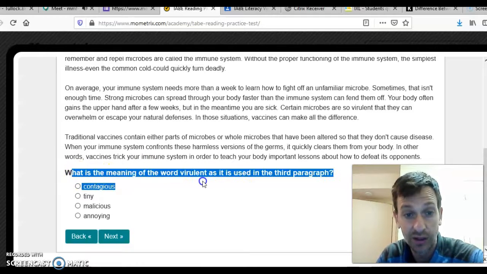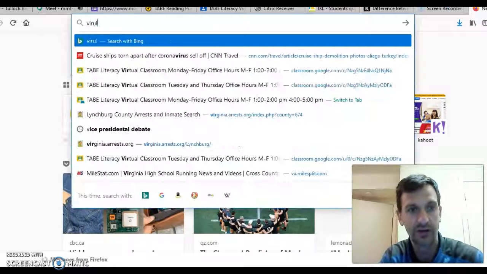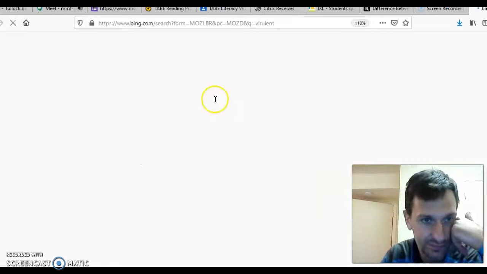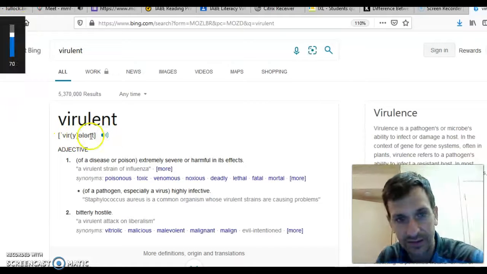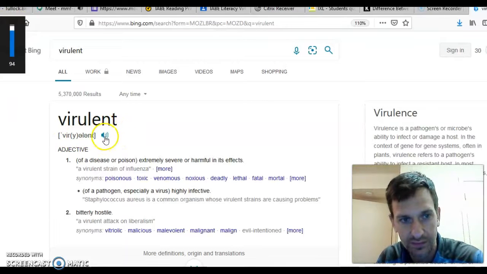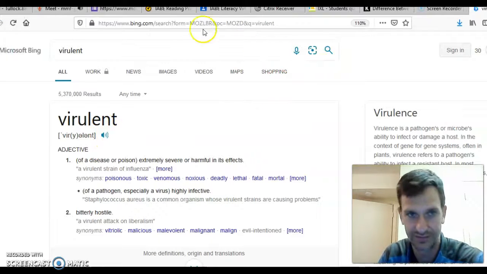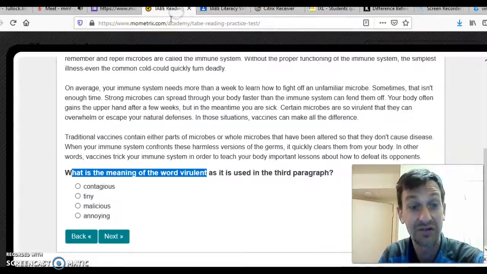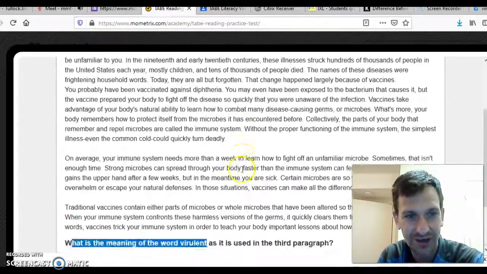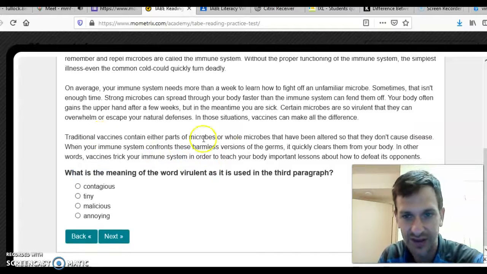What is the meaning of the word virulent? Let's listen. Virulent. Okay? Virulent. Alright, so let's scan this one. Let's see, third paragraph. Traditional vaccines.